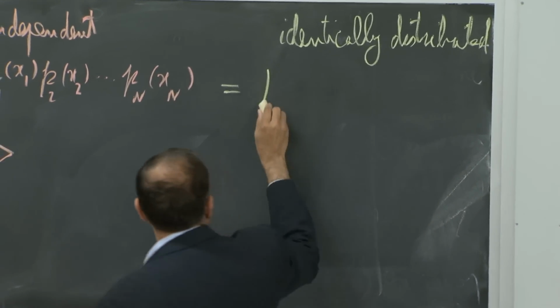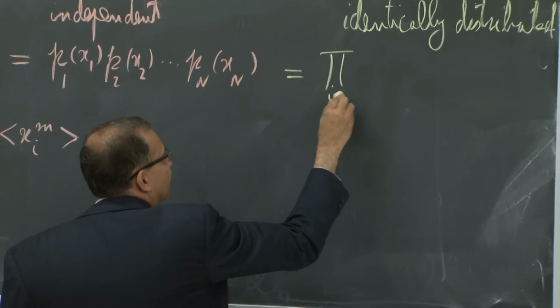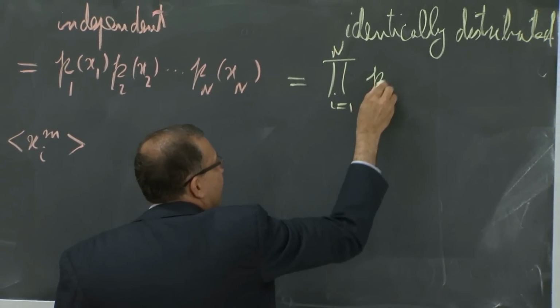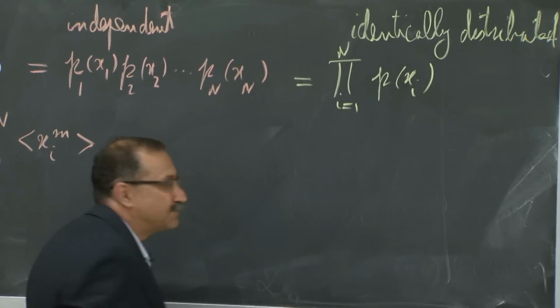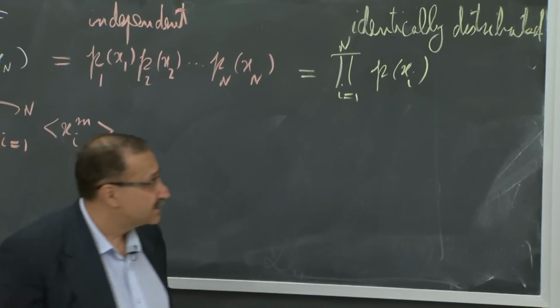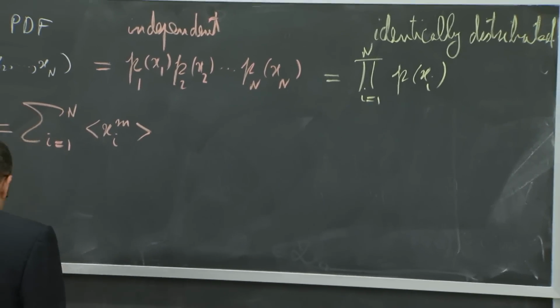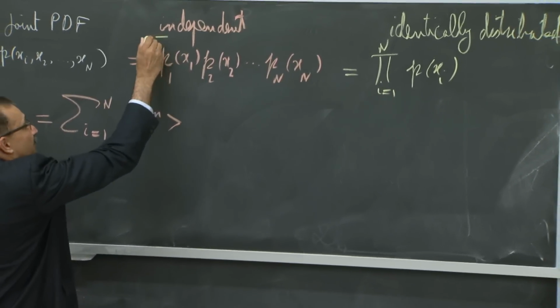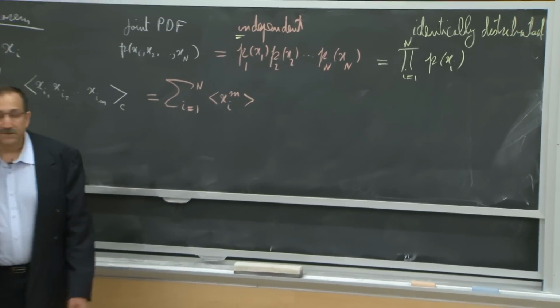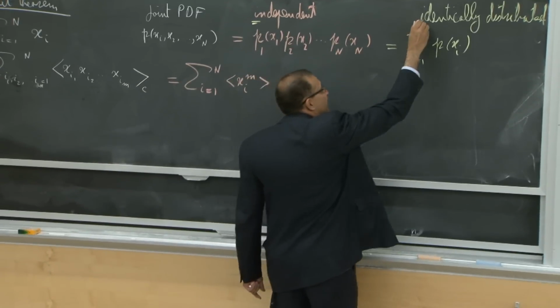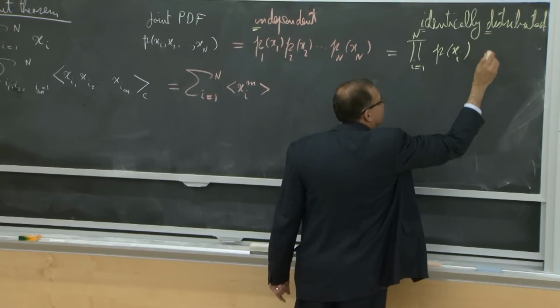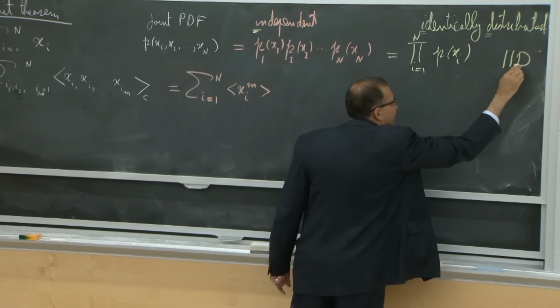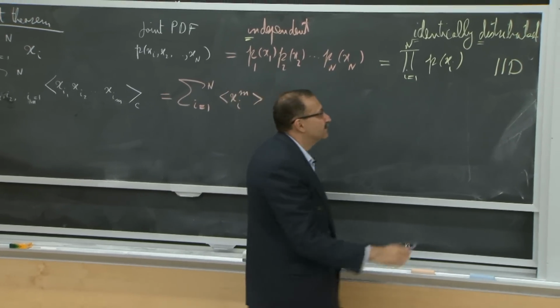So this I could write as a product over i, 1 to n, the same p for each xi. And just to make sure, some notation that you may see every now and then, variables that are independent and identically distributed are sometimes called IIDs.